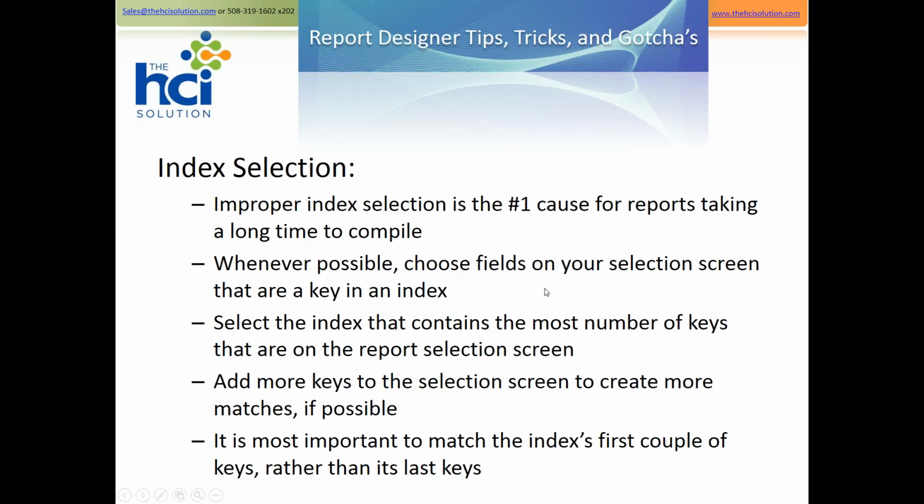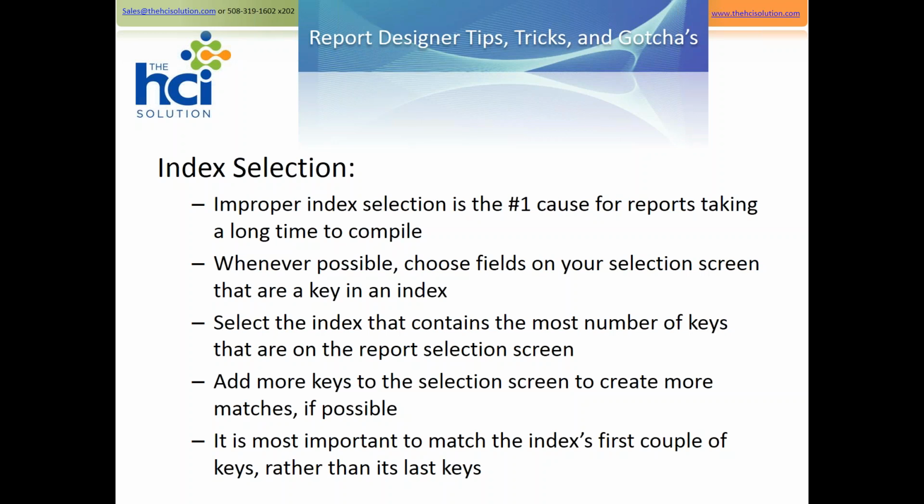And you should always try to select the index that contains the most number of keys that are on the report selection screen. And you can always add more fields to the selection screen to create more matches. So a lot of times when I'm working on a registration report, a lot of the indexes in registration call for a facility key in them.